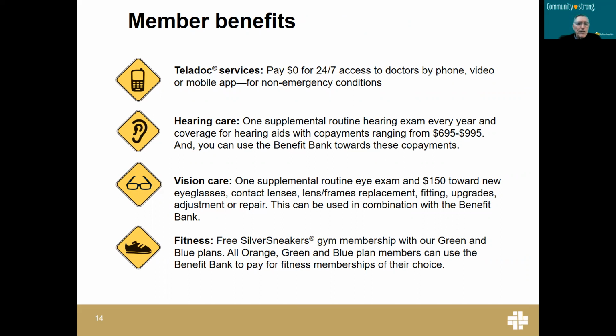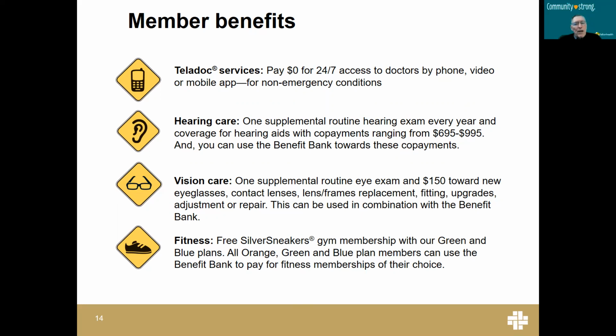They would be the ones that would be ordering the devices for you. They'd be doing the installation so that they're adjusted properly for you. They also include 2 years of batteries. They're warranted for 3 years, and everyone is eligible for 1 hearing aid per ear per year.